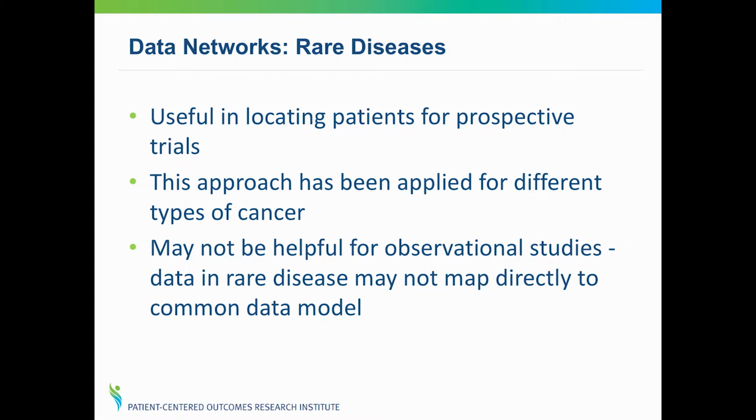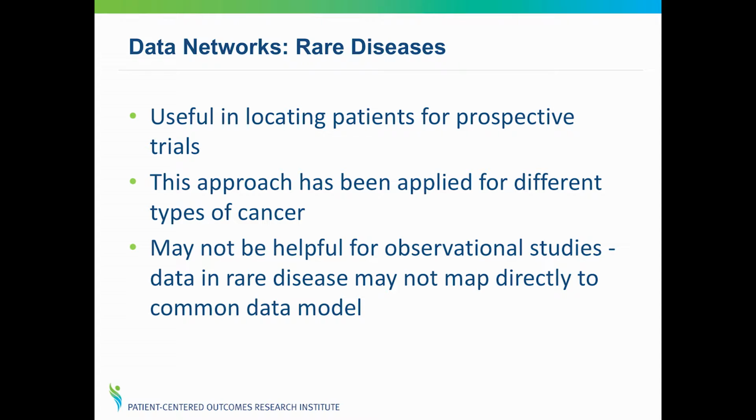I think rare diseases are a really good example of why you would want data networks, though I would give some caution in using data networks for rare diseases just for doing observational studies. I think the example of using a data network to find out where the different individuals who have a rare disease may be located, and trying to figure out ways to reach those patients and then building up a prospective trial, is a good example.